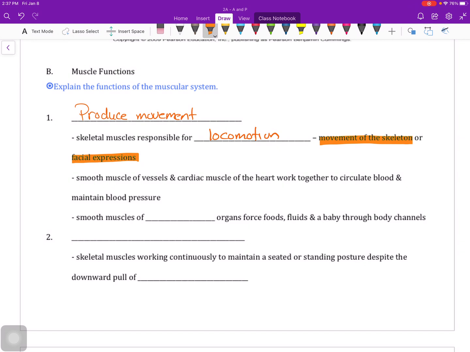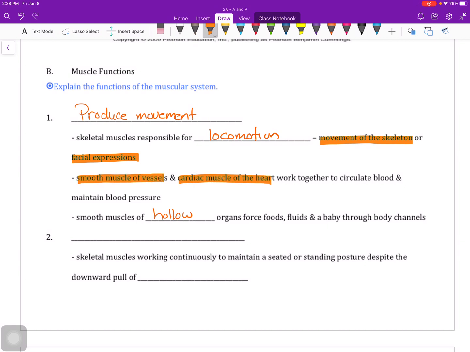Now, smooth muscle tissue and cardiac muscle tissue work together to circulate blood and maintain blood pressure. And we said that you have smooth muscles of hollow organs that force food, fluids, and a baby through body channels. So we've got skeletal muscles, and then we have the smooth muscle of vessels and cardiac muscle of the heart.